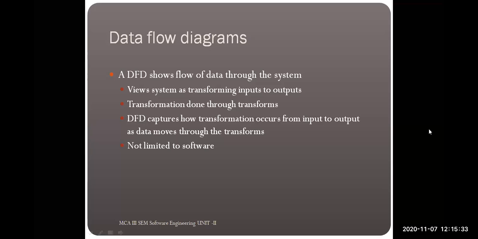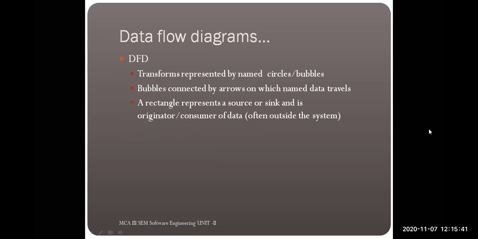Now let us look at some of the conventions used in data flow diagrams. Transforms are nothing but processes, which are represented by named circles or bubbles. We call them circles or bubbles.